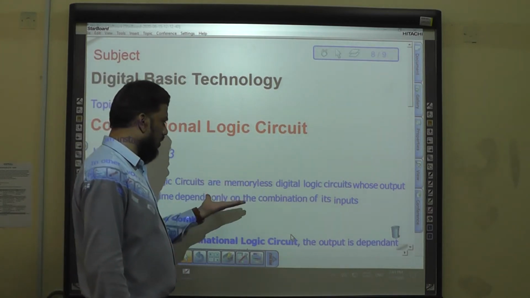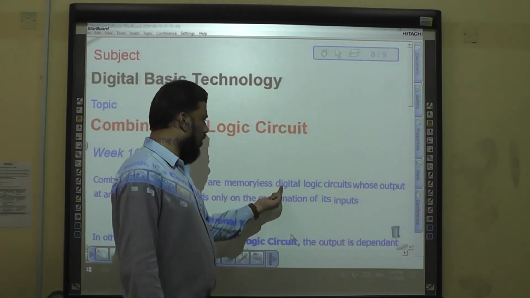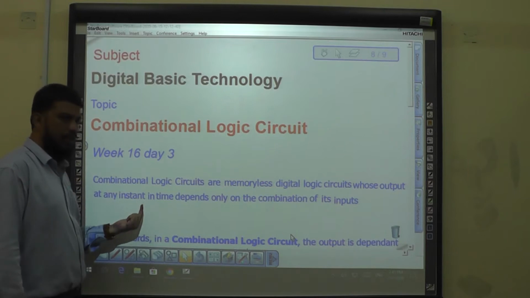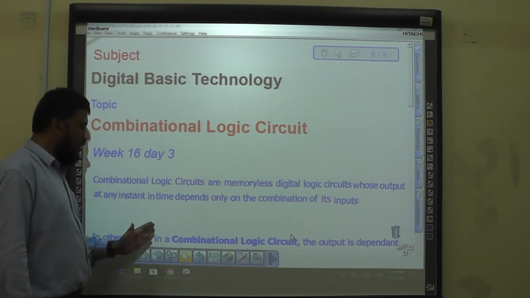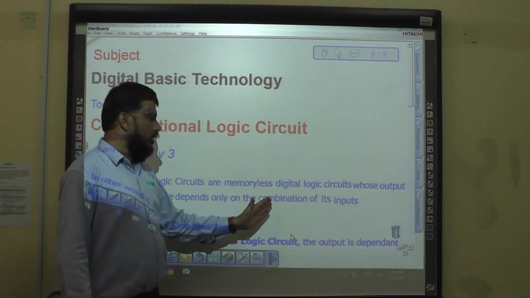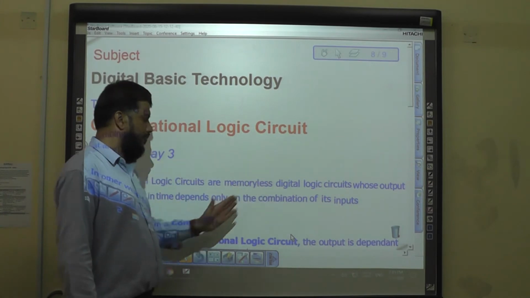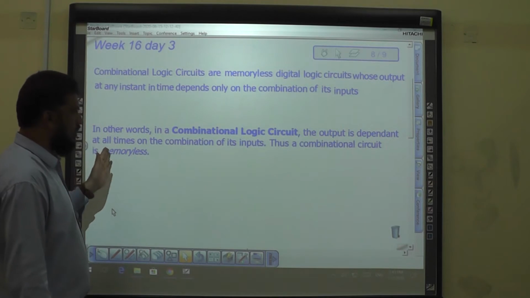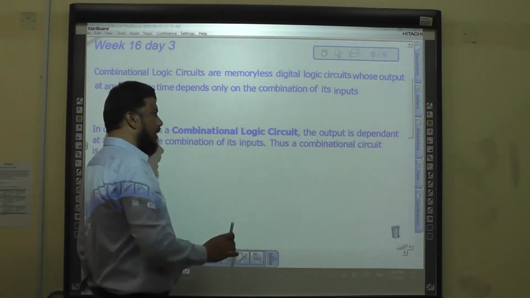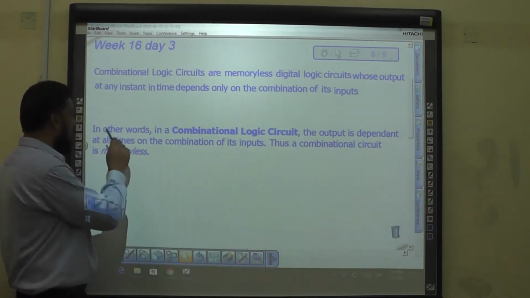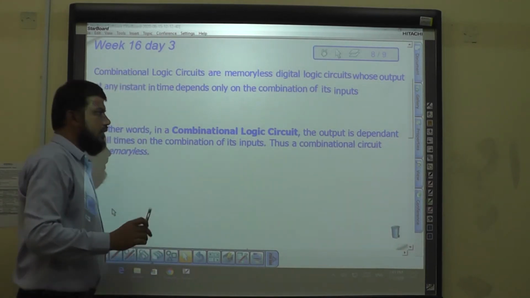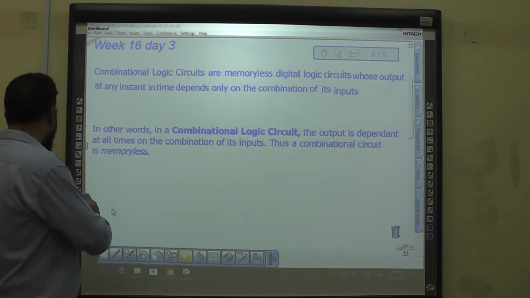They don't store any memory. A memoryless digital logic circuit whose output at any time depends only on the combination of the inputs. Or in other words, the output is dependent at all times on the combination of its input. Thus, a combinational circuit is memoryless.